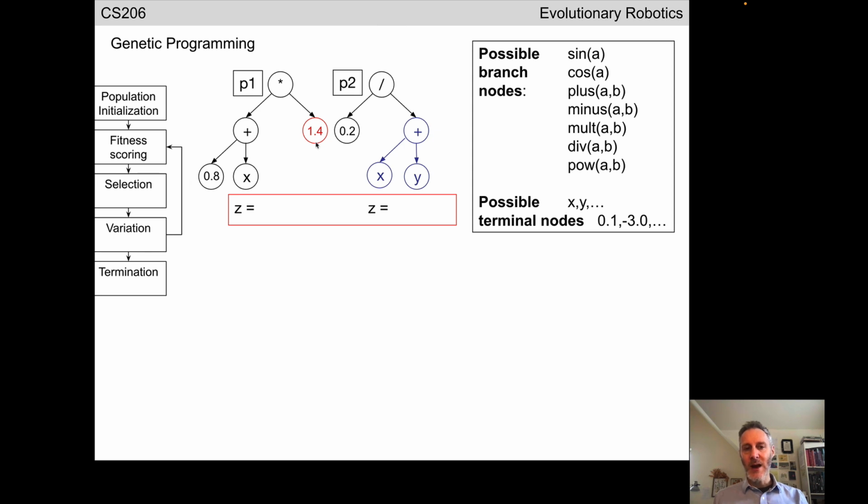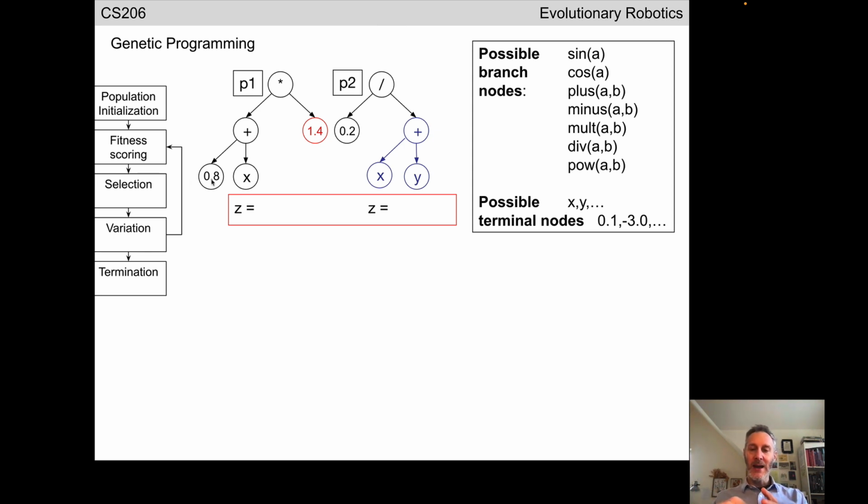So we create two empty nodes underneath the multiplication. We have an empty node here. So we go back to our bag of operations and operands. We shake it up again. We reach into the bag and we pull something else out. In this case, we've pulled out addition. Addition also requires two arguments. So underneath the addition sign, we create two more empty circles.